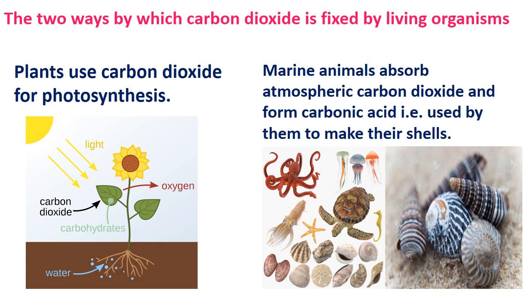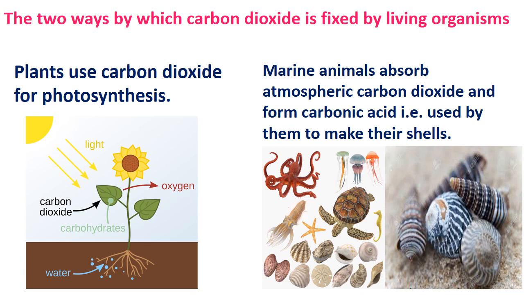Now, what are the two ways by which carbon dioxide is fixed by the living organisms? You know that oxygen is inhaled and carbon dioxide is exhaled out during respiration, right? So, how is this carbon dioxide being fixed by the living organisms? First is photosynthesis. The plants use carbon dioxide in the process of photosynthesis.